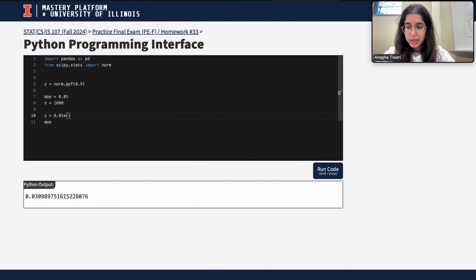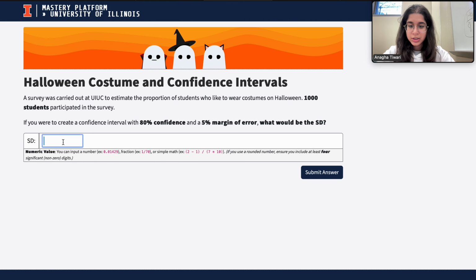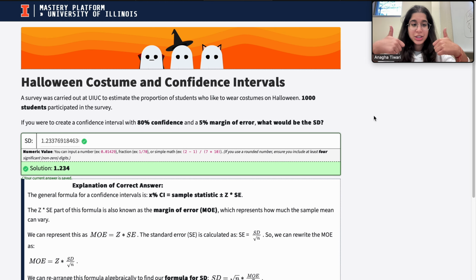So times n to the power of half, divided by z. And if I run this, I have defined all my variables up here, and I get 1.23377 as my final answer. So if you want, I can go ahead and put this here, and that is correct.